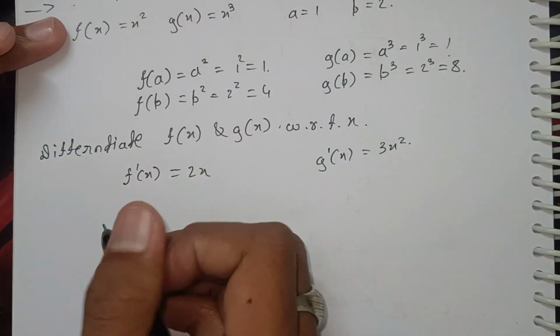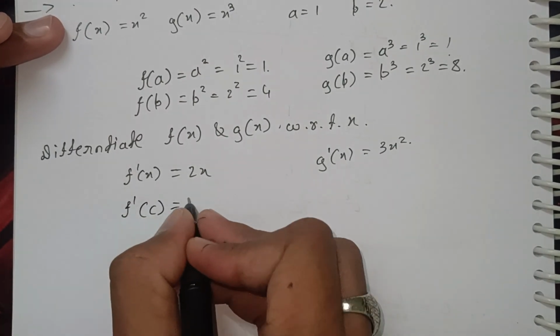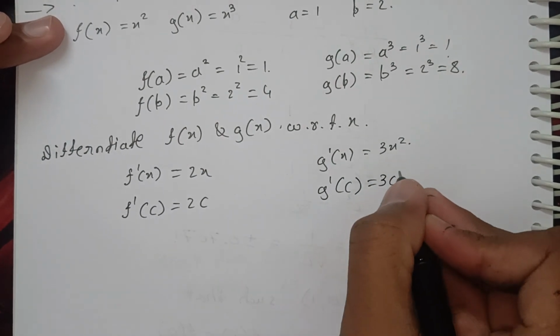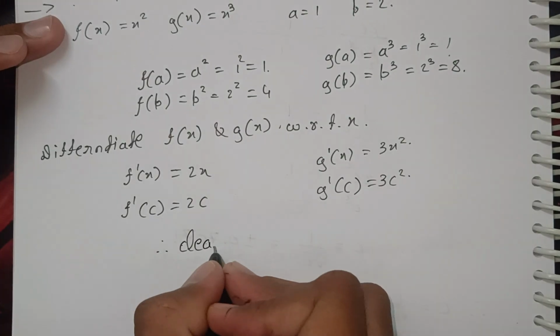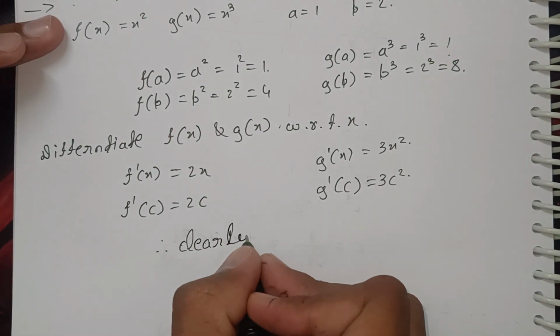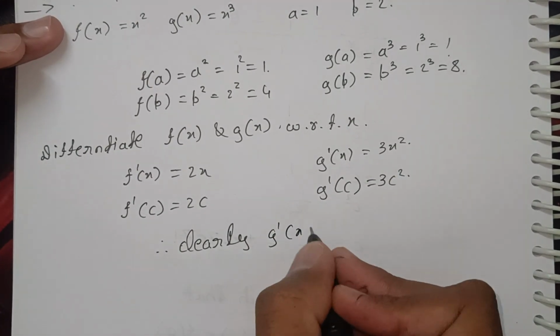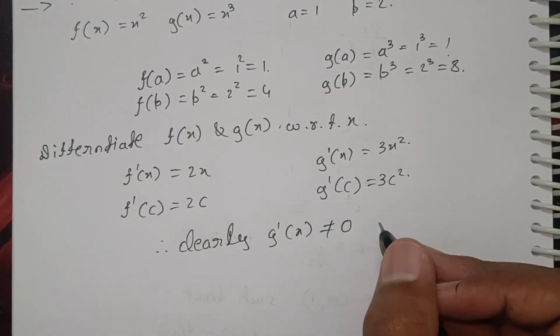And now we replace the x with c. F dash of c is equal to 2c, g dash of c is equal to 3c square. Here we clearly can see that g dash of x is not equal to 0. So the one condition has been proved.